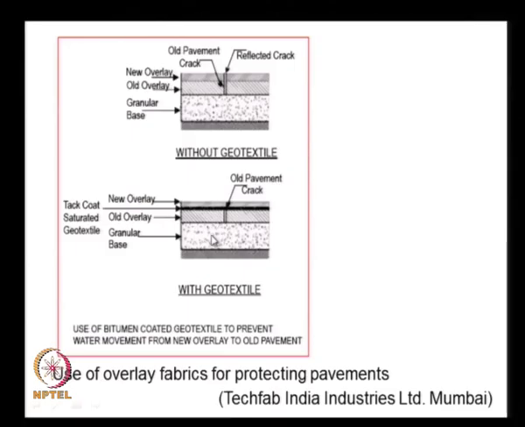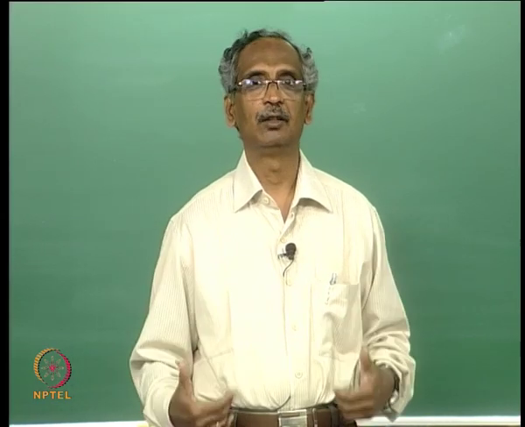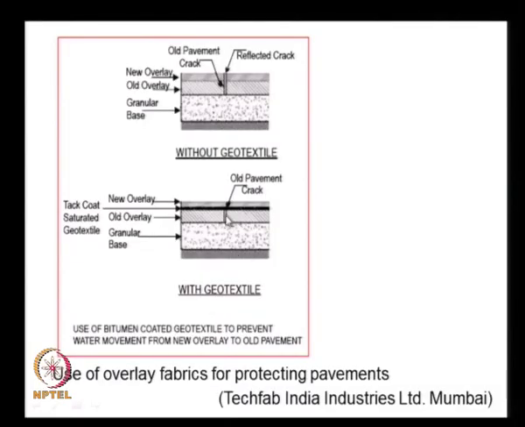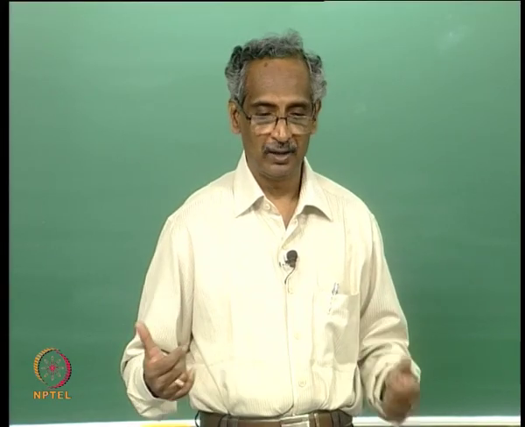surface cracks from propagating. This obstruction that we provide confuses the crack and it does not have the continuity to propagate. So, it requires much longer load repetitions before this crack propagates into the new overlay, and that means that our repaired pavement can function for a longer duration without failing.